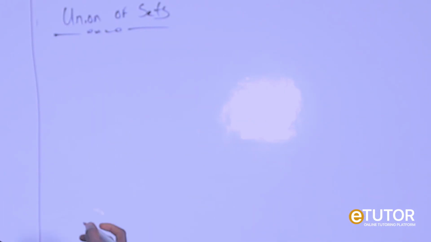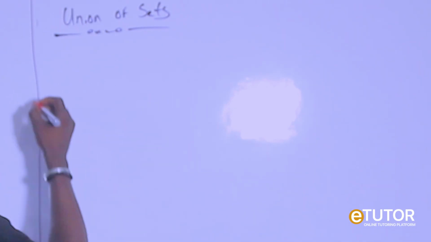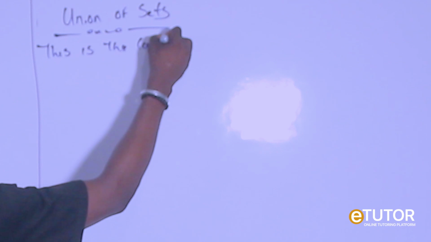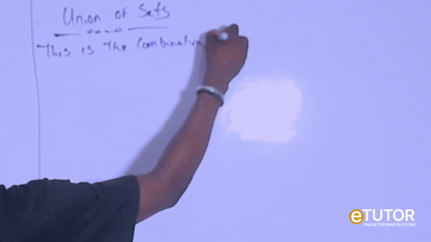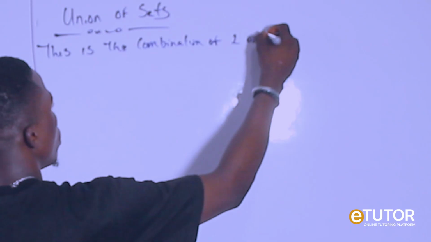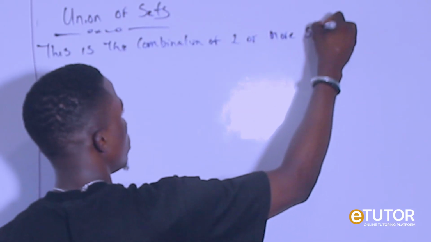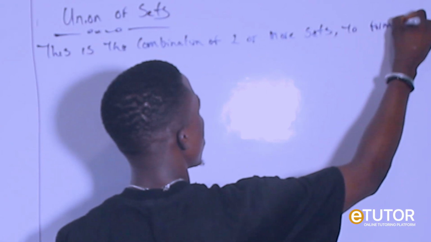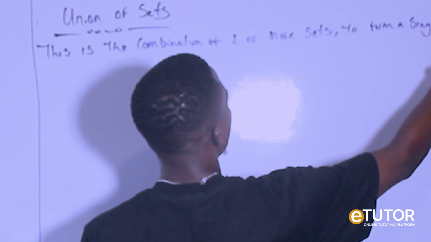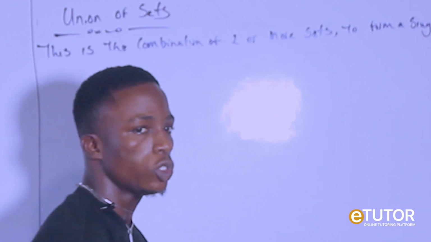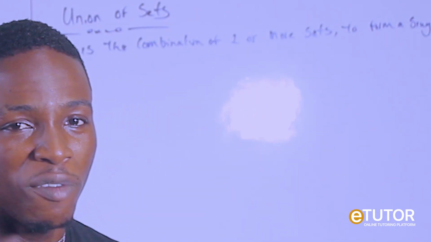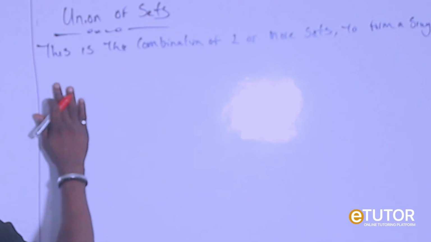So let's say union of sets refers to the combination of two or more sets to form a single set. So when you have a set, another set, and you combine them to form another set, you have unionized them. So that is the union of them is what you have.